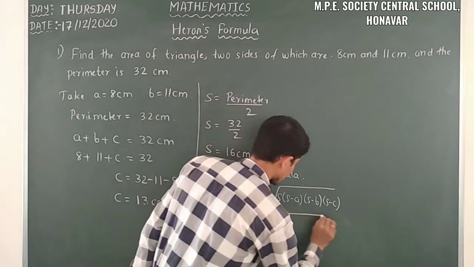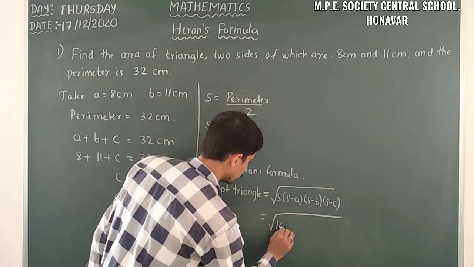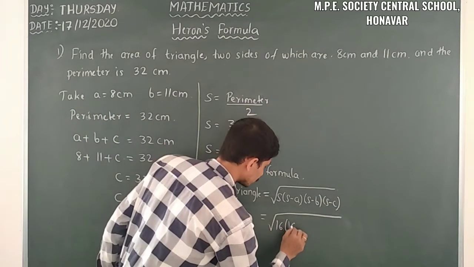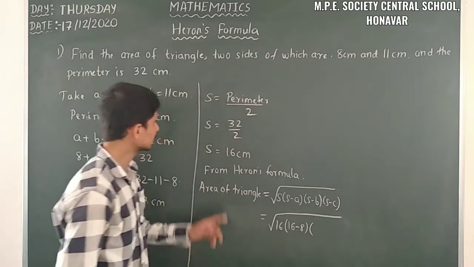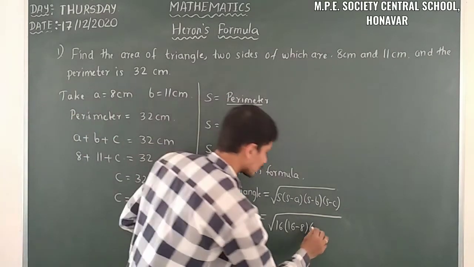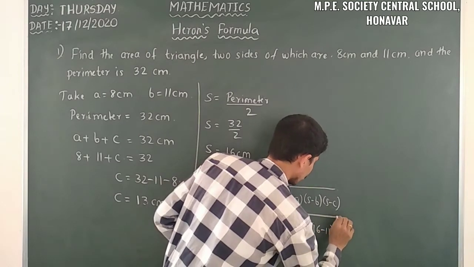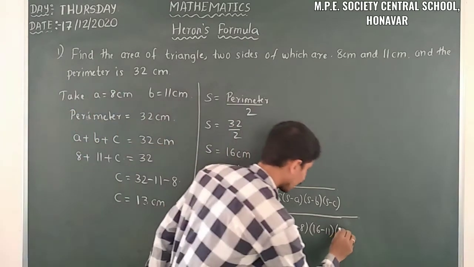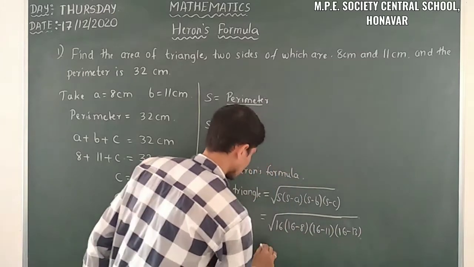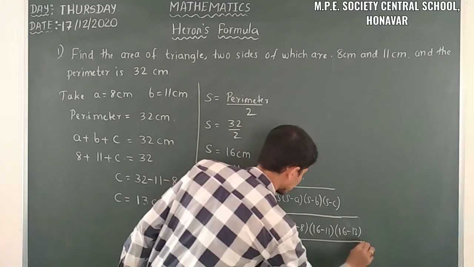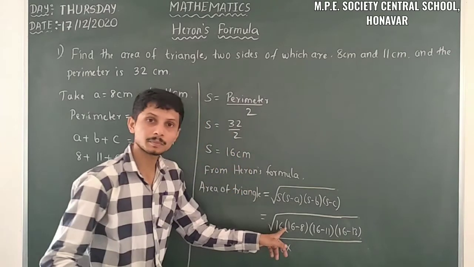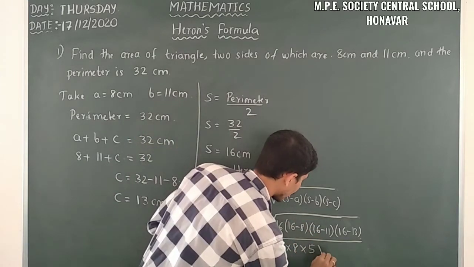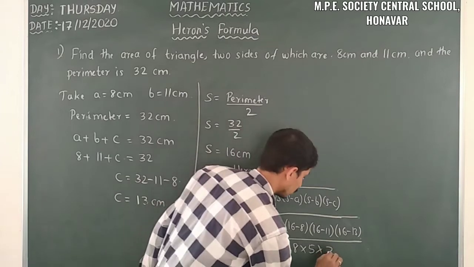So square root of, S is 16 and A is 8, so 16 minus 8, then S minus B, 16 minus 11, the value of B is 11, and S minus C, 16 minus 13, the value of C is 13. Now we can simplify this. 16, then 16 minus 8 is equal to 8, 16 minus 11 is equal to 5, and 16 minus 13 is equal to 3.